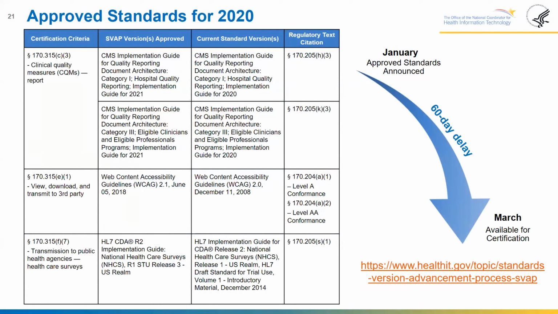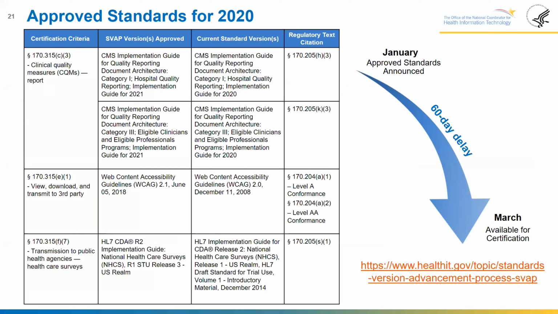So ONC completed the review and assessment of comments for the first SVAP cycle, and the approved SVAP versions for 2020 were announced back on January 12th. The table here outlines the approved newer versions of adopted standards alongside the impacted certification criteria under the program, which for this cycle are C3, Clinical Quality Measures, CQMs, report, E1, View, Download, and Transmit to Third Party, and F7, Transmission to Public Health Agencies, Healthcare Surveys.